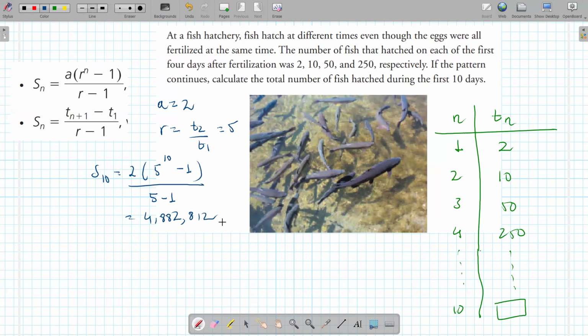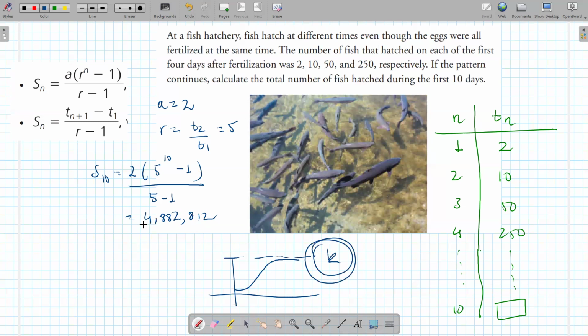But this is the thing again, right? If the pattern continues, you're going to get 4 million fish, but usually you're never going to get this many fish because there are not enough resources in the river, in the lake, in the hatchery to accommodate this many fish, right? So probably you'll get a few thousand and then you're going to hit your carrying capacity, the K value.